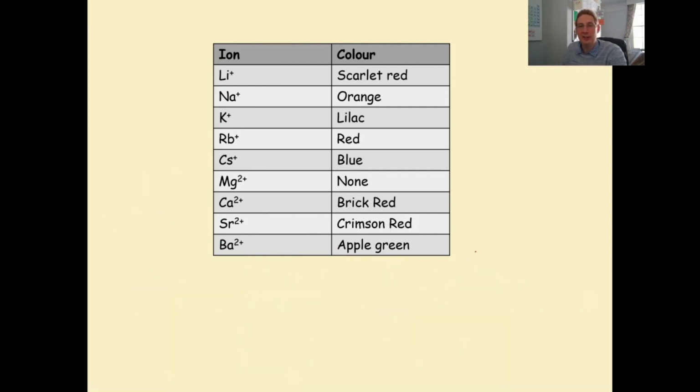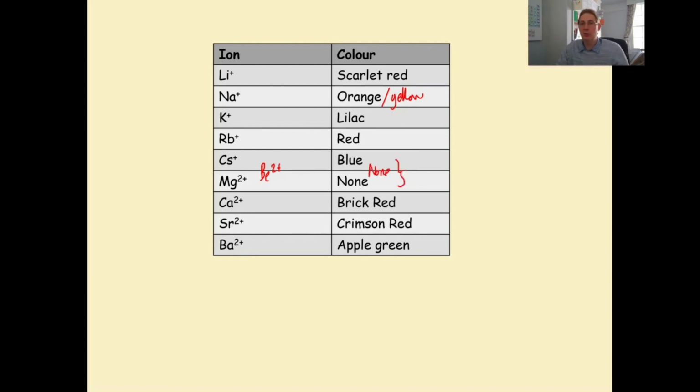The colours you need to know are as follows. Lithium is a sort of deep red. Sodium is orange or orange-yellow. Potassium is lilac, rubidium is a red colour, caesium gives a sort of blue flame, magnesium and indeed beryllium give no colour.